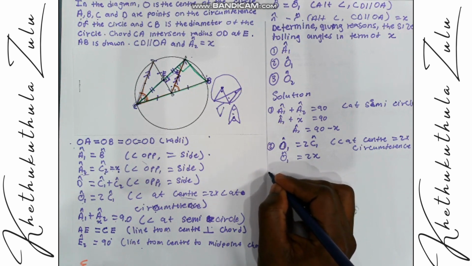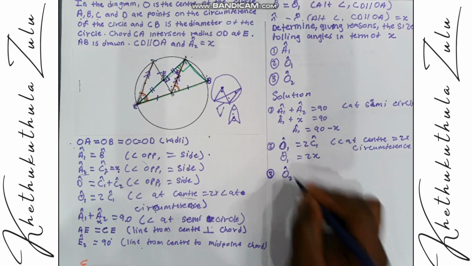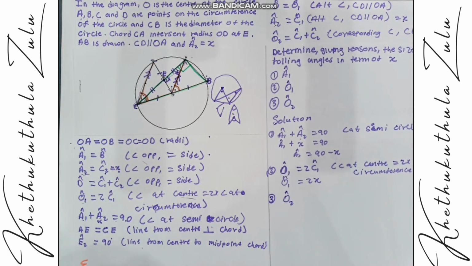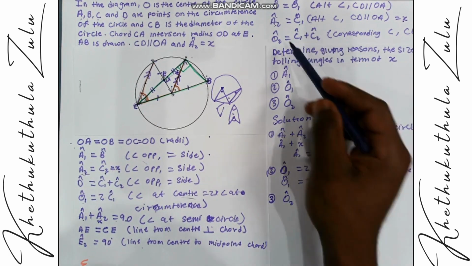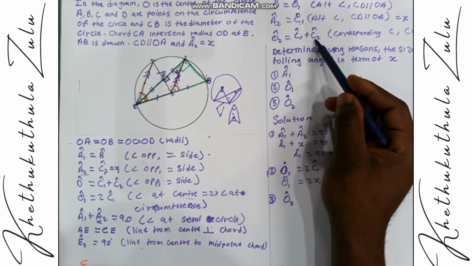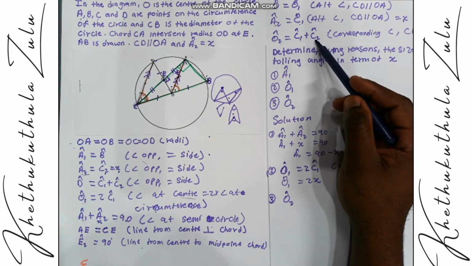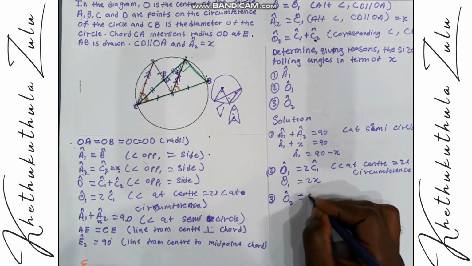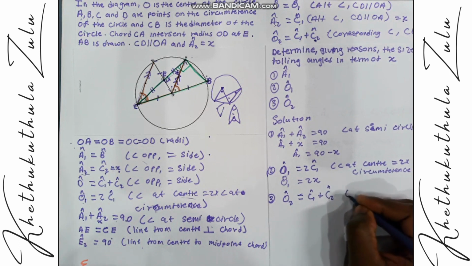And then number 3, they are saying we must look for O2. Then O2, from what we have here, is equal to C1 plus C2, where C1 is x and also C2 is x. So we know that O2 is equal to C1 plus C2, corresponding angles.